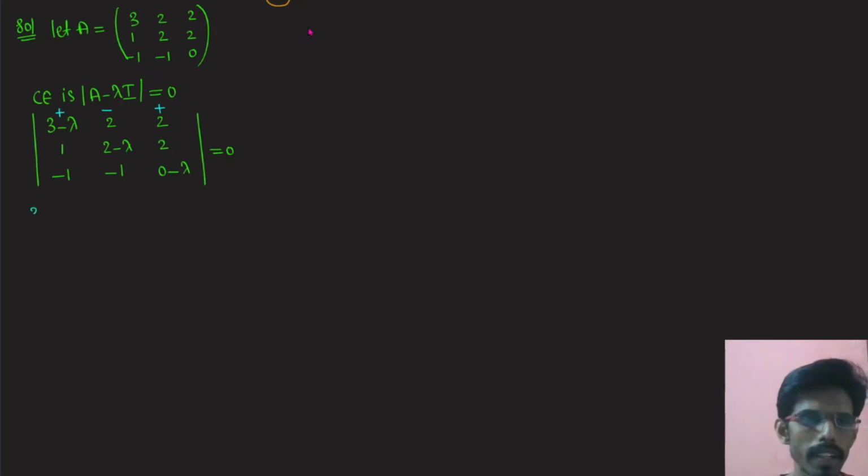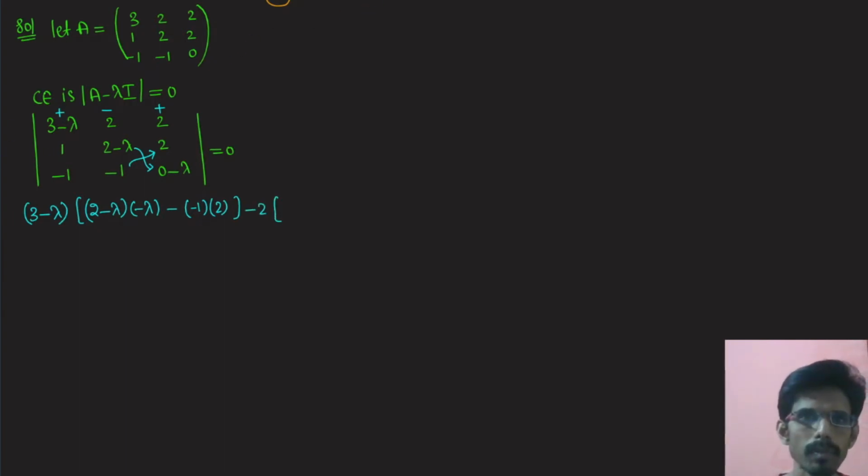Now expanding along the first row, we have 3 minus lambda into, leaving the first row and first column, we have these 4 elements. Now apply AD minus BC here. So we have 2 minus lambda into minus lambda, minus, then we have minus 1 into 2. Next put minus 2 into.